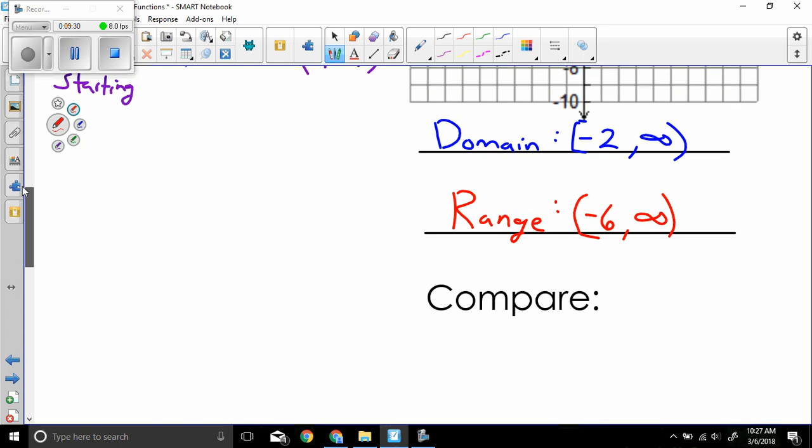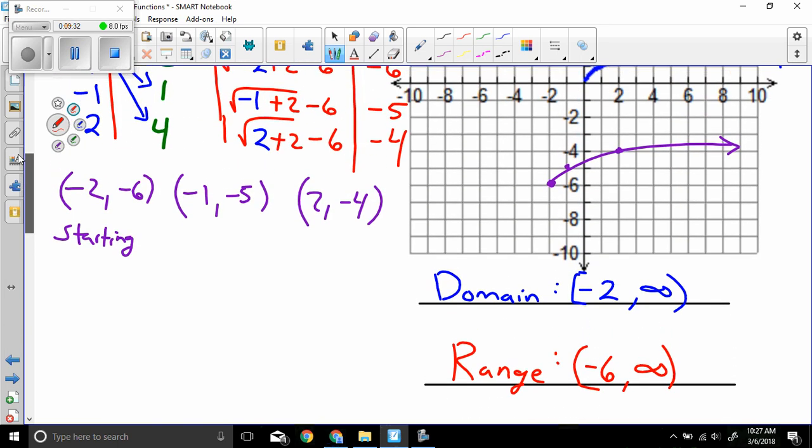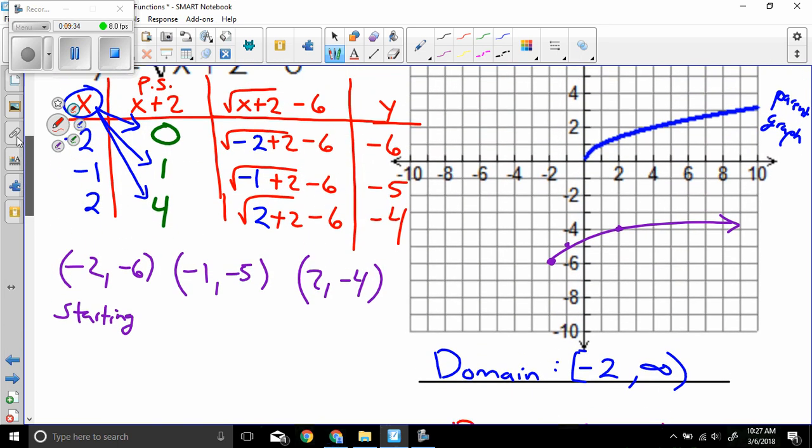Now, that's the full example. What if I asked you to compare this blue graph to this purple graph? How do you move from this point down to this point?